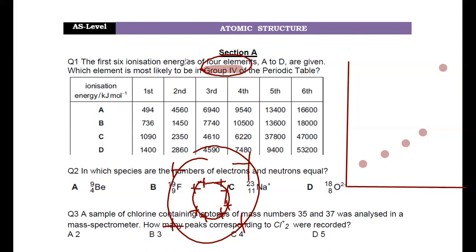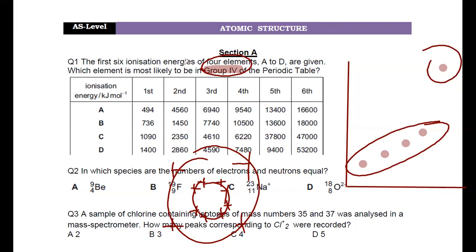That is making sense. We are talking about group 4, which has 4 electrons in the outer shell. So we are looking for an option where, after the 4 electrons have been removed, there is a jump in ionization energy.